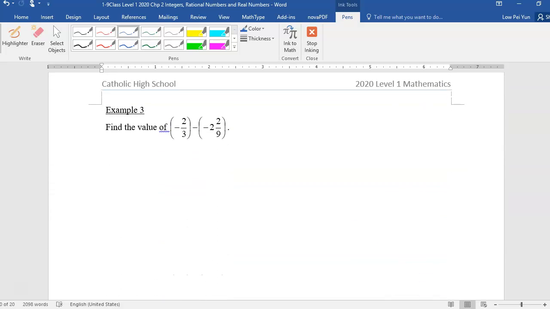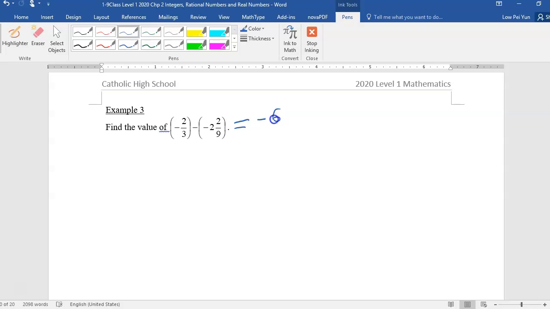Ryan. So now we are going to look, do I need to change to improper fraction? Next. Sure, you tell me what you want me to write. 6 over 9.